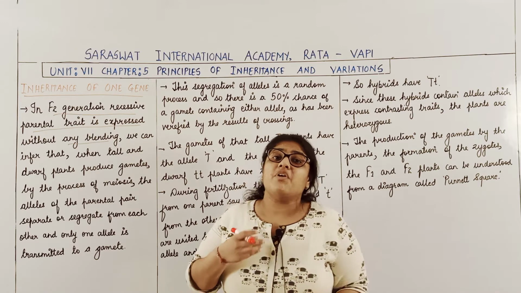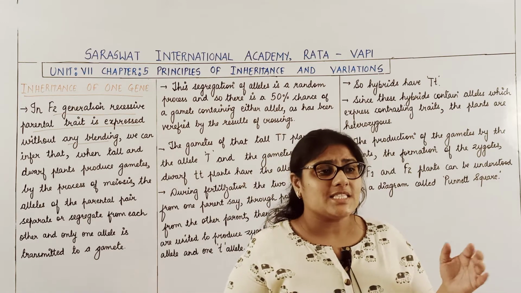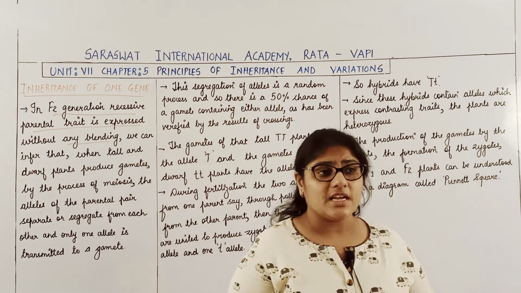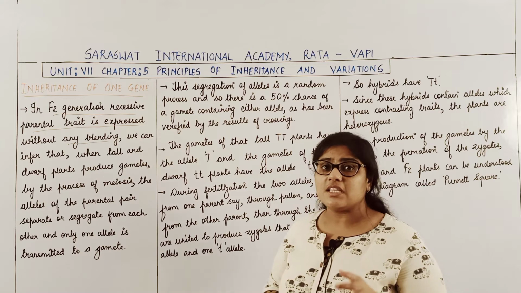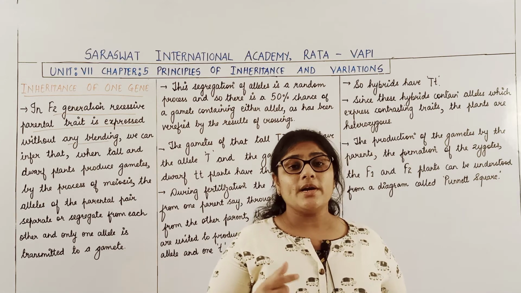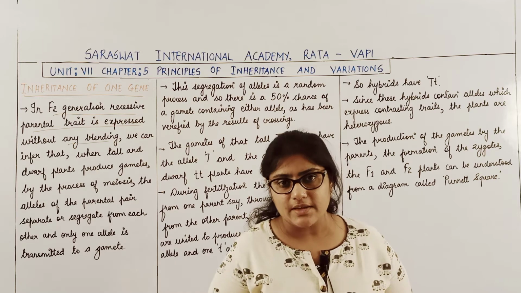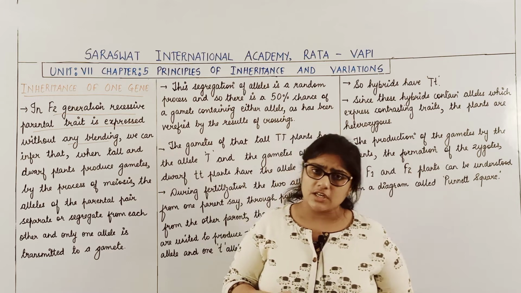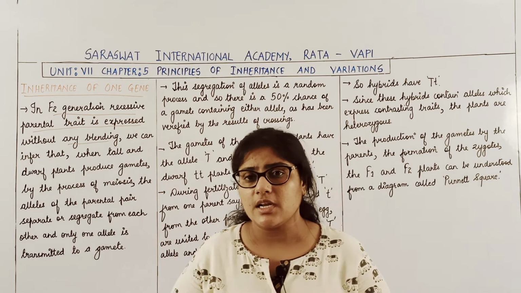So only one parental character was expressed in the F1 generation. We have also studied the F2 generation. In the F2 generation, 1/4 of the plants showed the dwarfness condition, and 3/4 of the plants were tall.